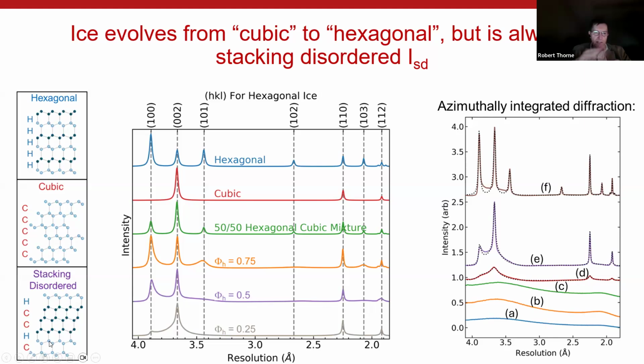You can imagine you start making a cubic crystal, stacking plane after plane, and then you make a mistake and you put in a hexagonal plane instead of a cubic plane. So that's what stacking disordered ice is. And so actually what happens as you go along the sequence is that the hexagonal fraction goes up and the cubic fraction goes down. This is well known from lots of other studies of both pure water and of aqueous solutions.